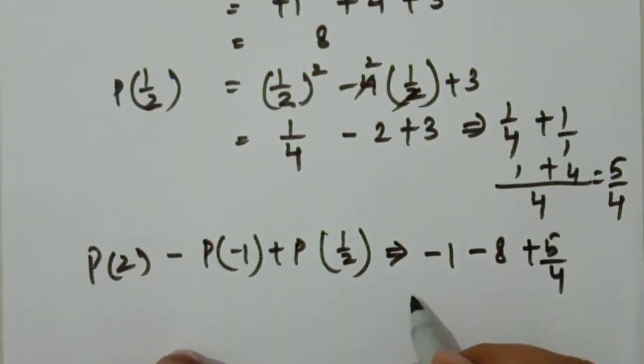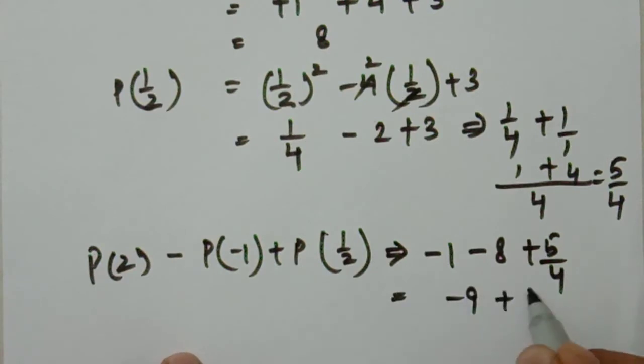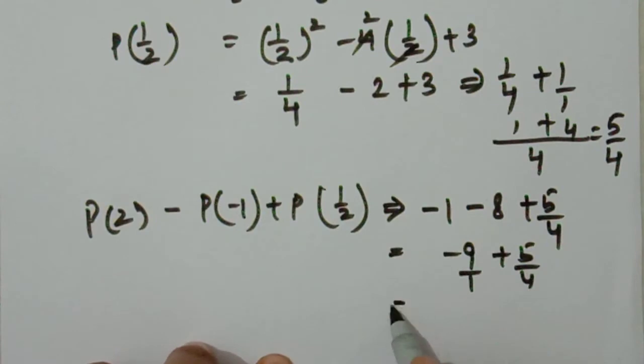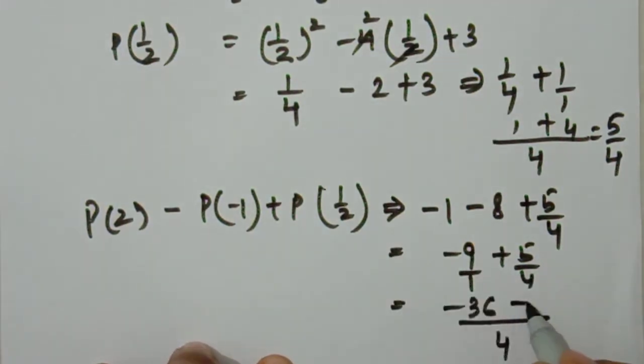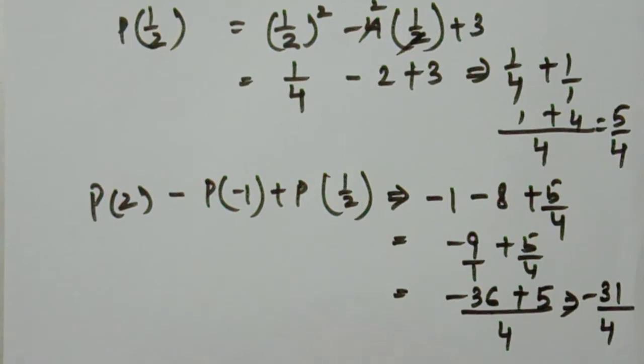Now we will solve it. It is minus 9 plus 5 upon 4. We will take LCM here also. So it is minus 36 plus 5, then it is minus 31 upon 4. This is your first question.